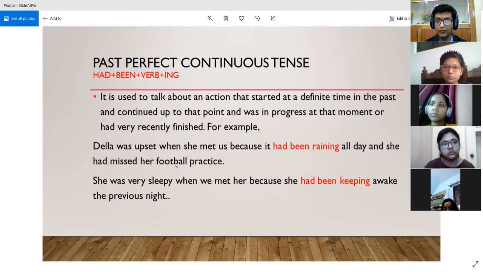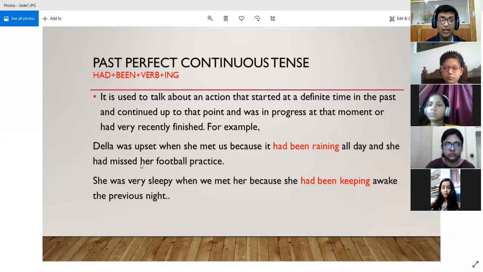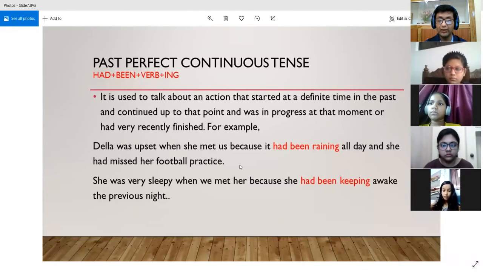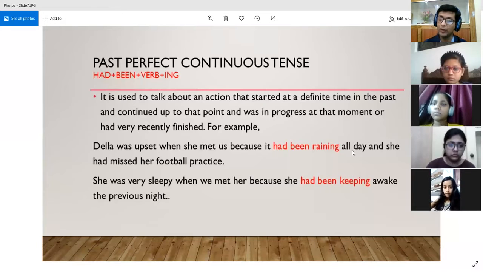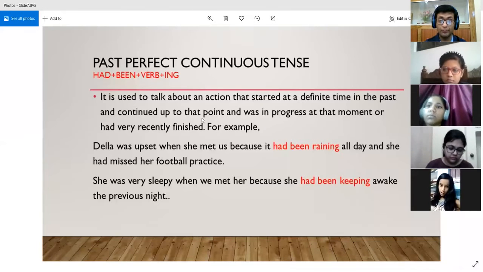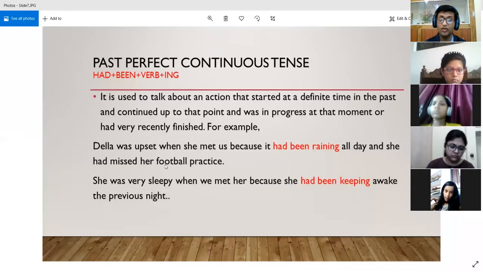So Della was upset when she met us because it had been raining all day and she had missed her football practice. So you are getting the point that the action started since the morning because they are saying all day. From the morning, it has been continuously raining and it has continued up to that point. Which point? When she met us. And then they are further reporting that she is upset because of that.